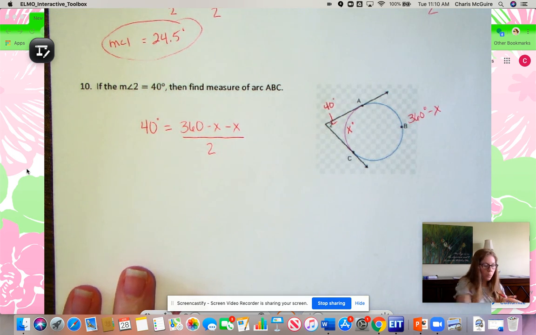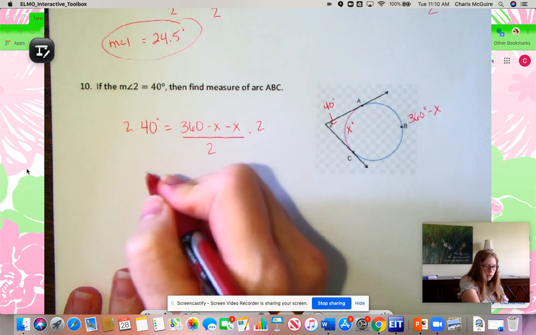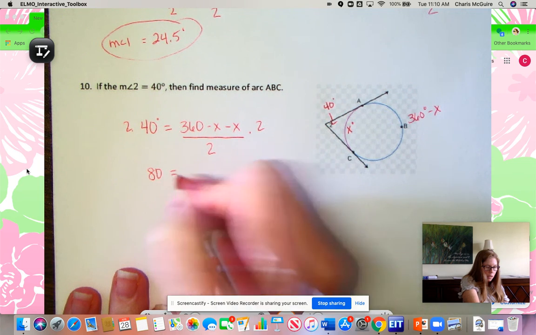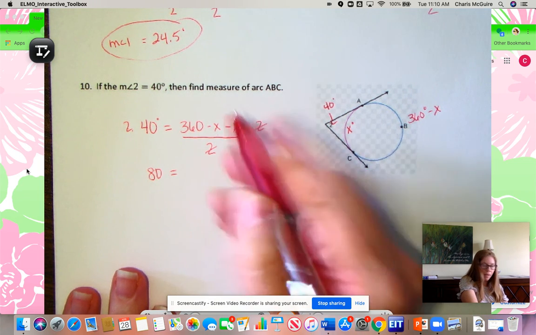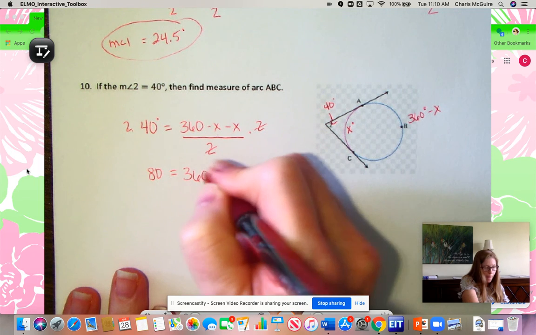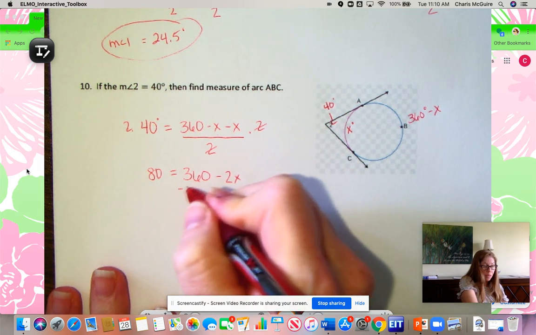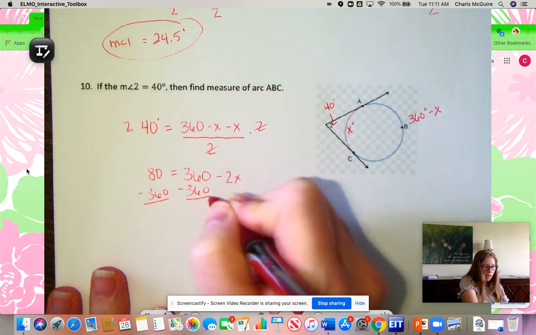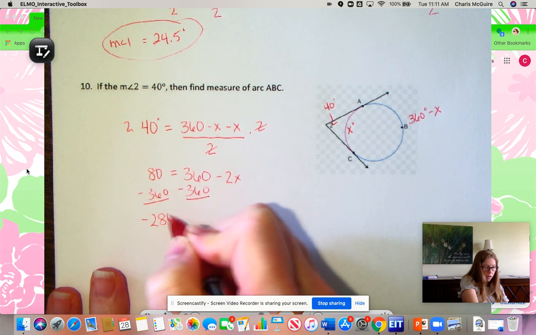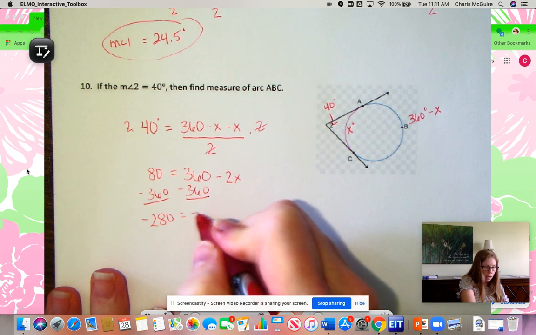All right, so I'm multiplying by 2 on both sides. 2 times 40 is 80, right? And don't miss this. This is a negative x and a negative x, so it's 360 minus 2x. So the first thing I'm going to do is subtract 360. Now I'm going to get a negative 280 over here, and we would usually panic a little, but that's okay because this is a negative 2x.